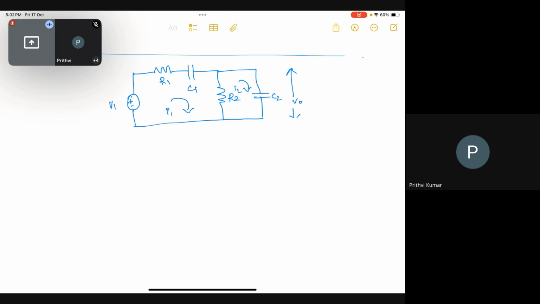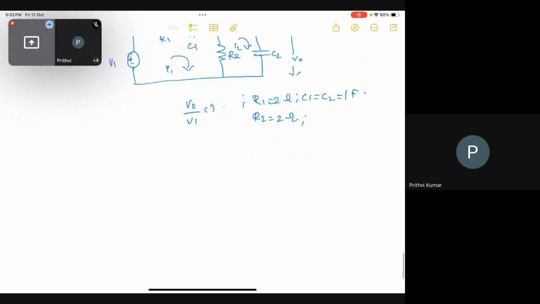I want to find the transfer function in terms of V0 by V1. And I will give you the values also. R1 equal to 2 ohm, C1, C2 equal to 1 farad. R1, R2 is also 2 ohm. So solve this in your notebook or something and let me know the answers in the comment section.